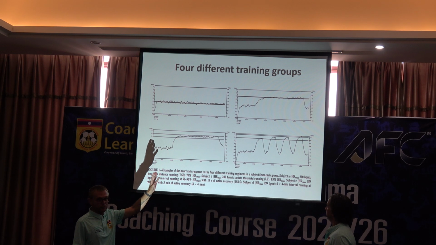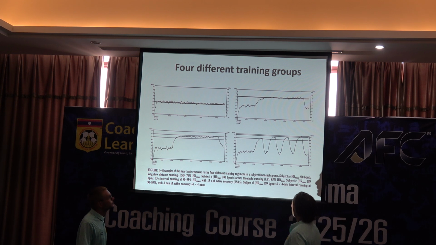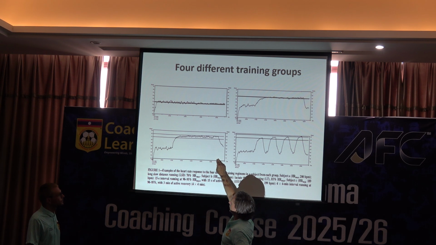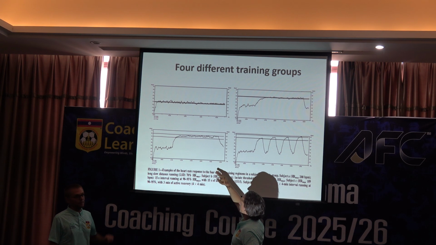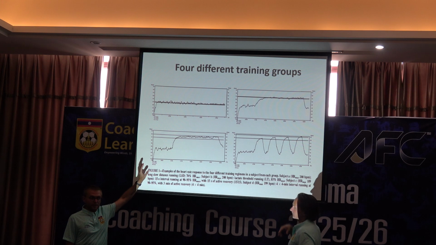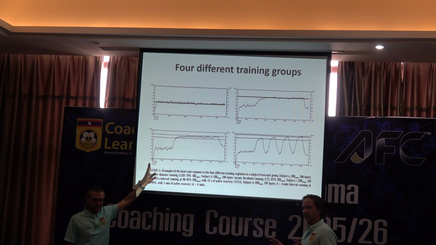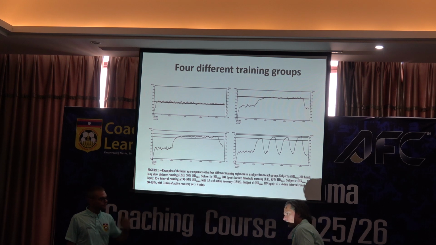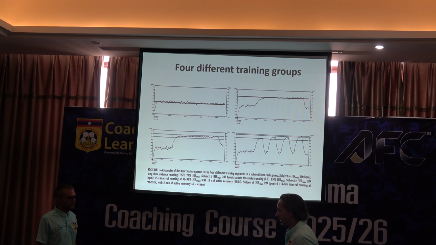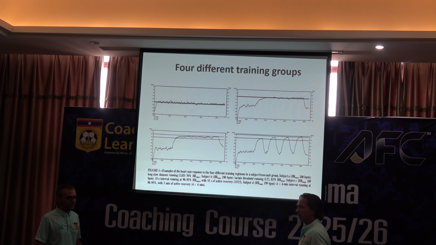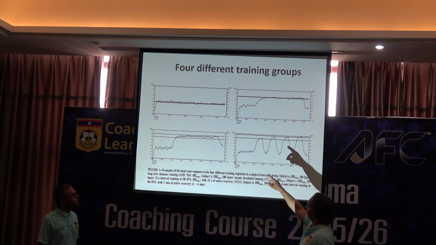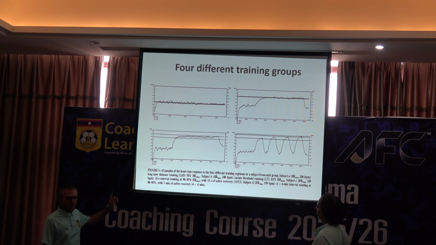And then this group did 15 seconds of running, 15 seconds of recovery. So run on the treadmill 15 seconds, off the treadmill, but at a very high intensity, and we can see a very powerful heart rate response.